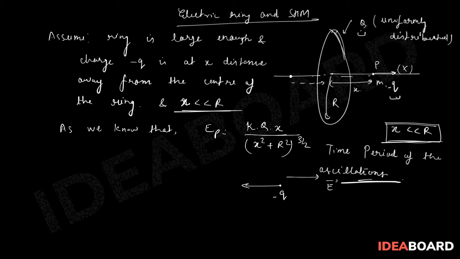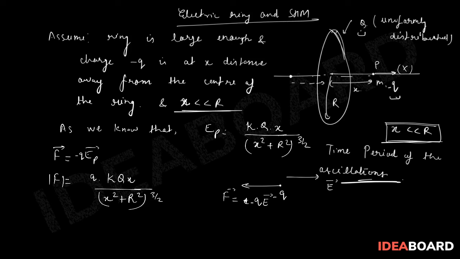So F will be given as minus qE, or if you write the directions, F vector equals minus q times E vector at P. Magnitude of this force will be q into the value of E_P, kQx upon (x square plus r square) to the power 3/2.